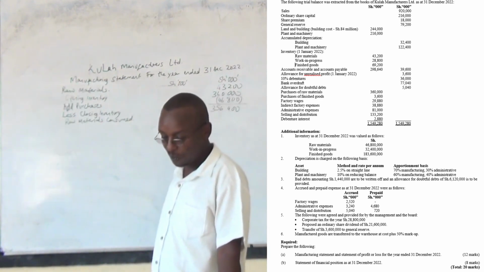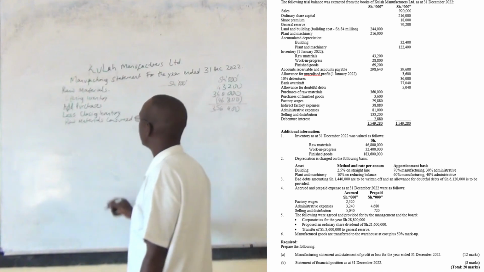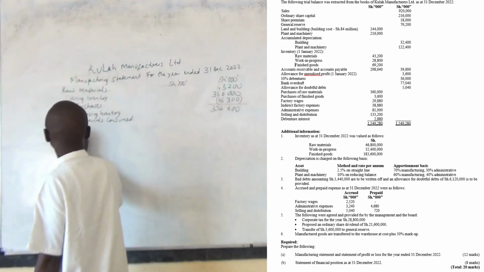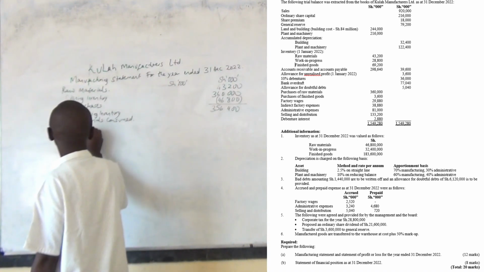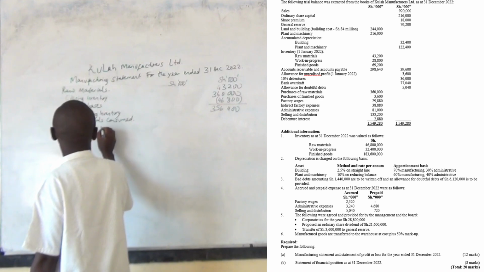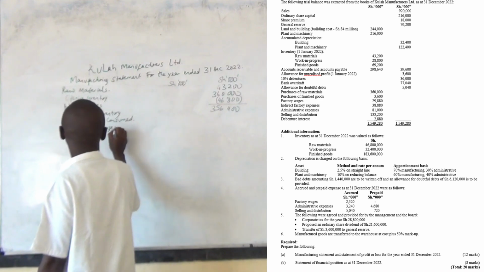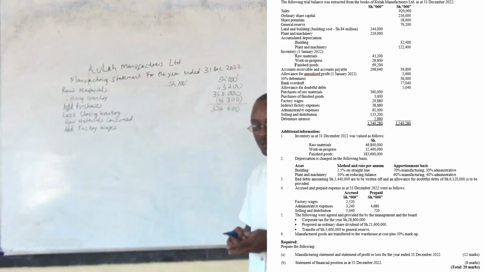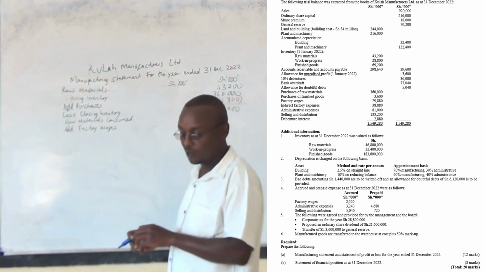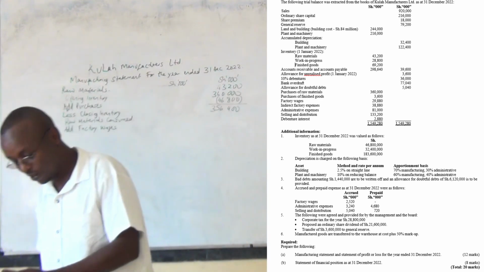Then you add what? Add factory wages. Factory wages is part of labor. It is directly attributable to manufacturing. We have note number.